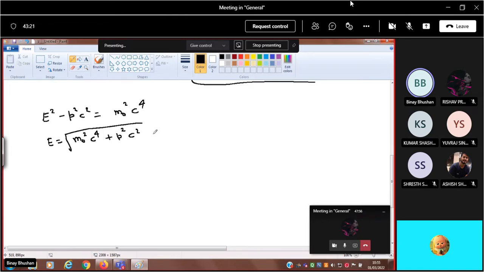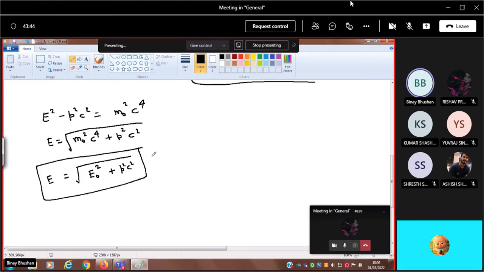In examinations, it has been asked to derive this expression. And you know that M naught C square is also equal to rest energy. So the first expression is E naught. We have just seen that E naught is equal to M naught C square.